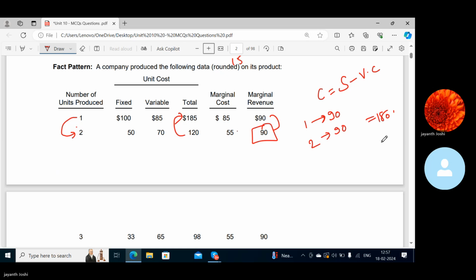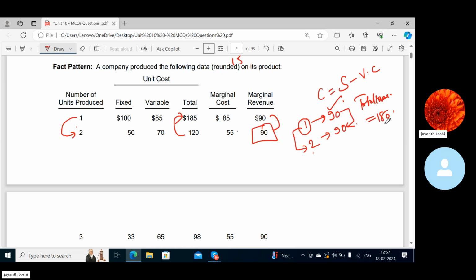Marginal revenue for 1 unit of product, whatever you have made, you have earned a revenue of 90. For the second extra unit you have sold, you have got an extra $90 of revenue. This $90 is an addition to the previous 90. Are you understanding?